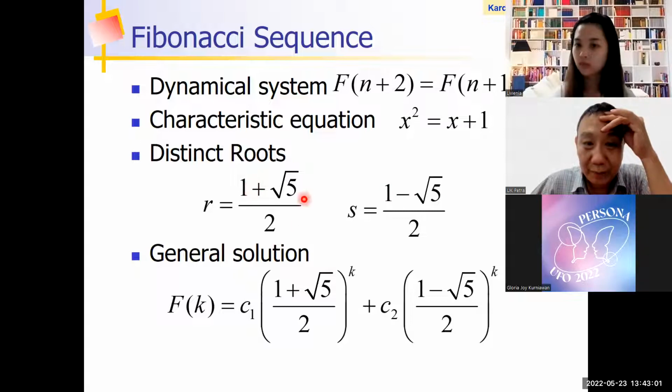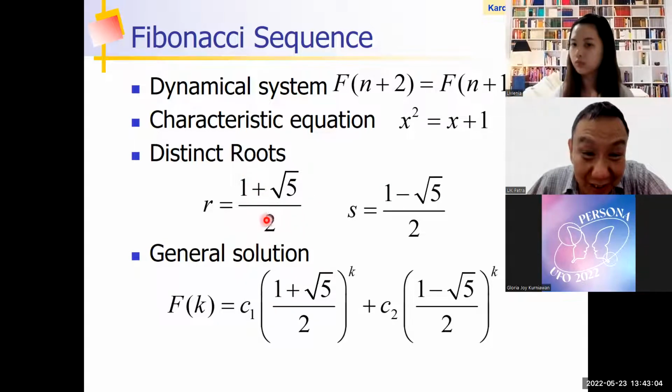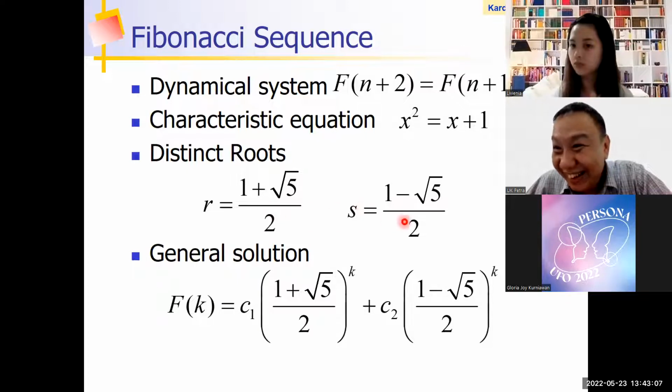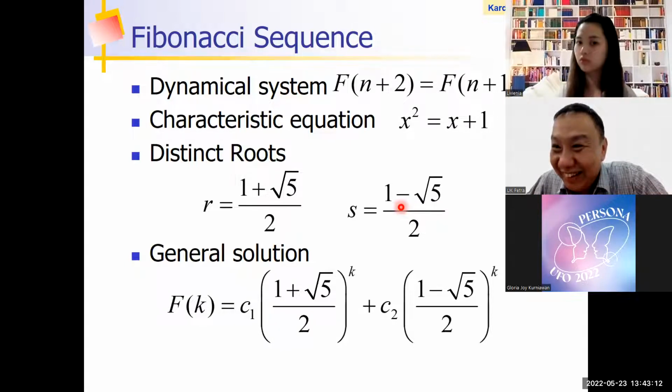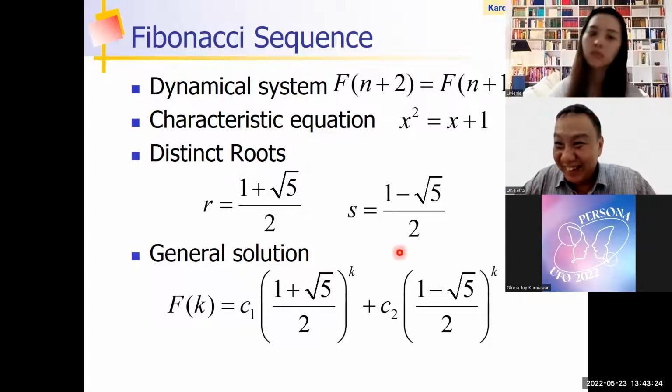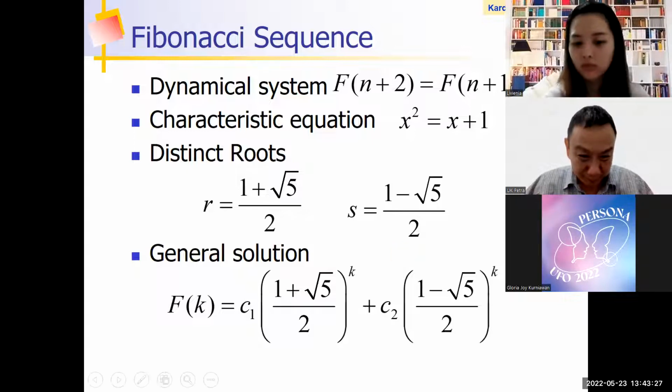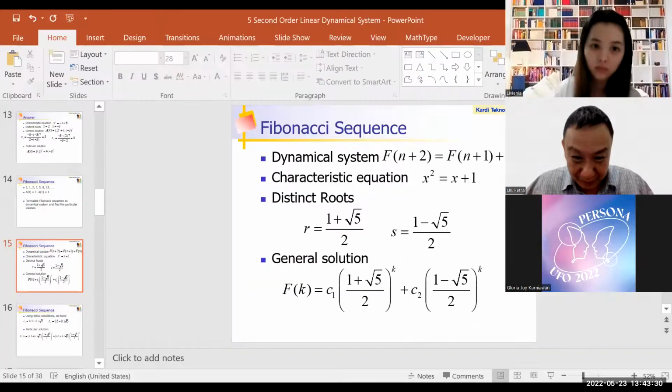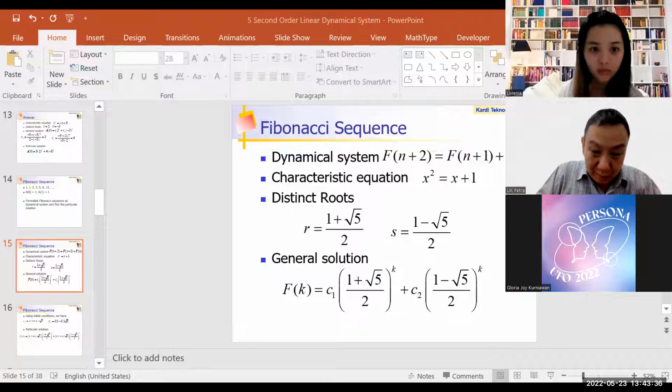So the result is these two roots. These are distinct roots. Do you know what these two numbers are? Okay, check: golden section, or golden number. Check in Google, golden number. When you check golden number, oh, golden number Fibonacci.